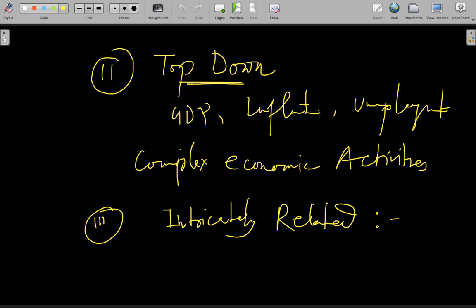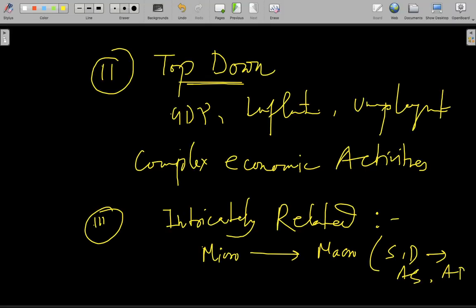So this macro phenomenon is influencing the household decision, as in how much to consume and how much to save, right? So basically, we can write that microeconomics influences macroeconomics. So, for example, supply and demand lead to aggregate supply and aggregate demand, and similarly, macroeconomics influences microeconomics.